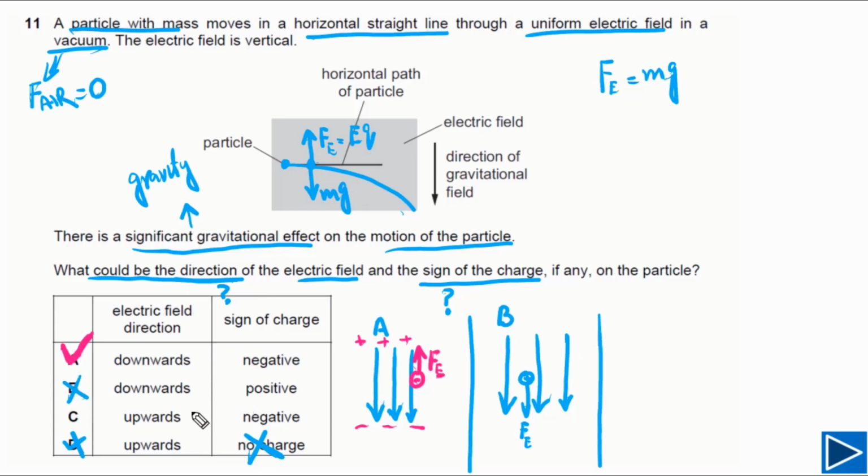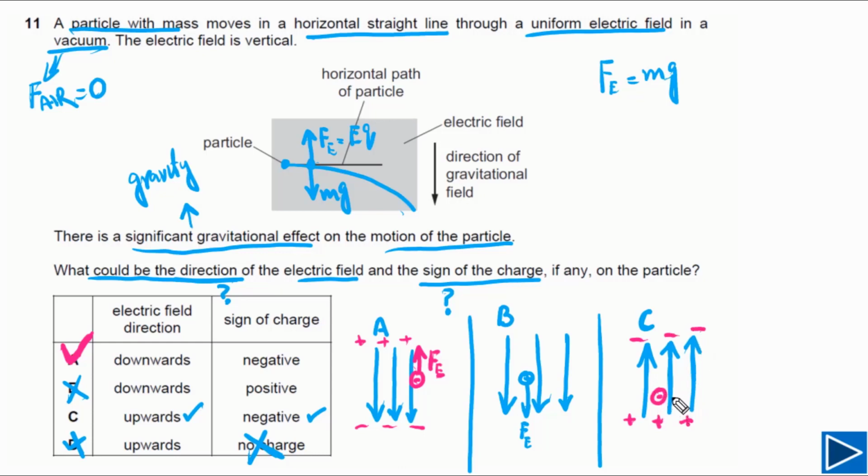For option C, the direction of the electric field is upwards and the sign of the charge is negative. So this is our uniform electric field. We can draw it like this, and the sign of the charge here is negative. So this is our negative charge. Let's say it is between two plates, so this plate has to be positive and this plate has to be negative.